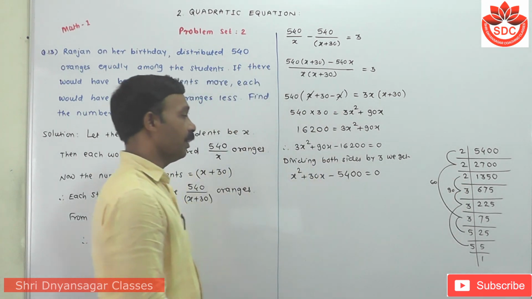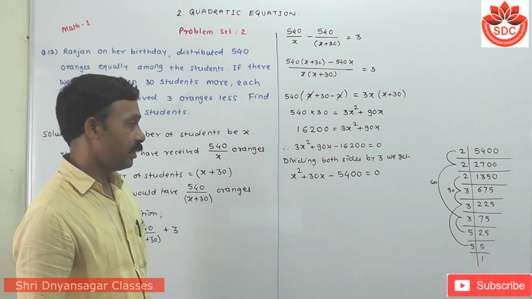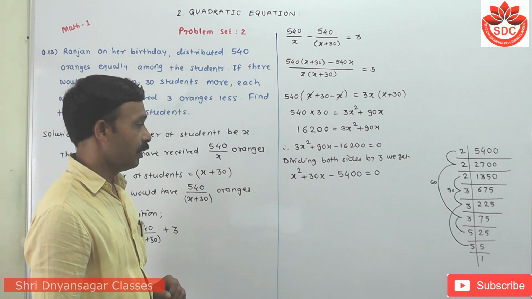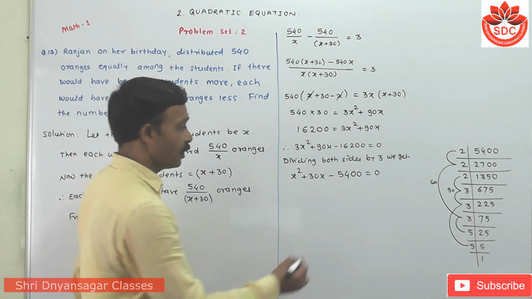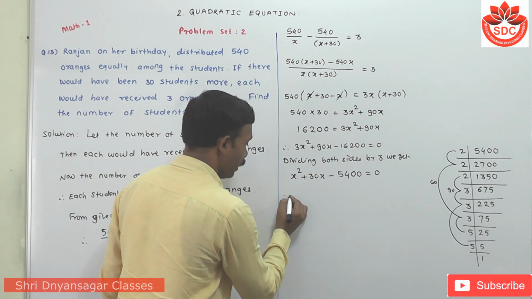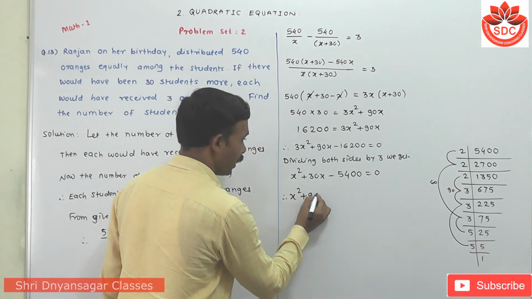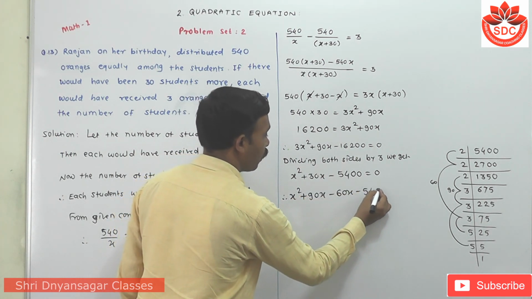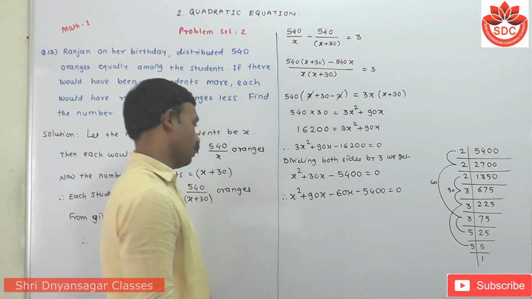Then we take the product such that 60 and 90. Okay, it is correct. So split the middle term. So I will write here x square plus 90x minus 60x minus 5400 is equal to 0.